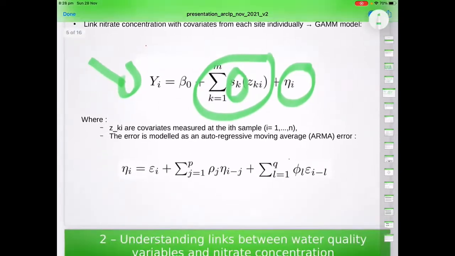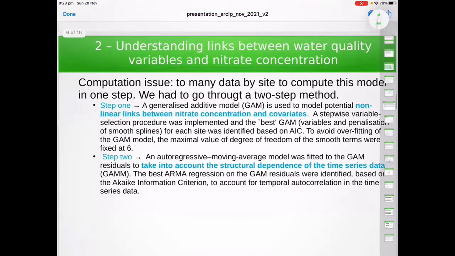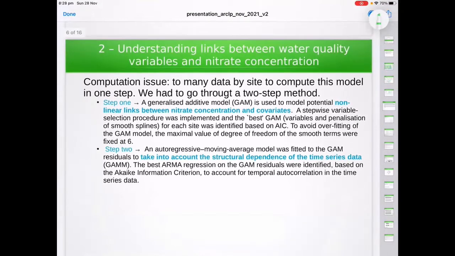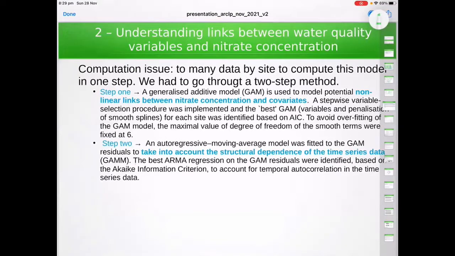But we have some computational issues. The first time Claire tried to work with this model, as we have a lot of data, it was too hard in terms of computational time to run it.